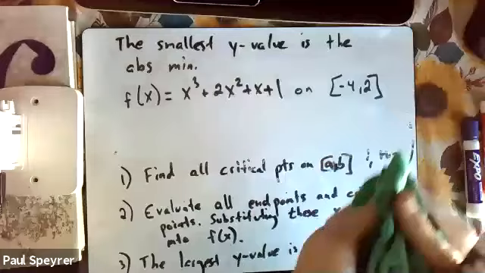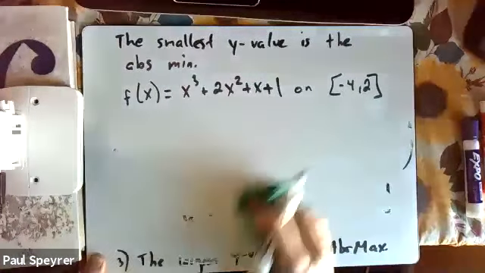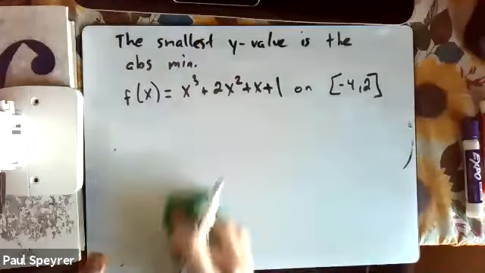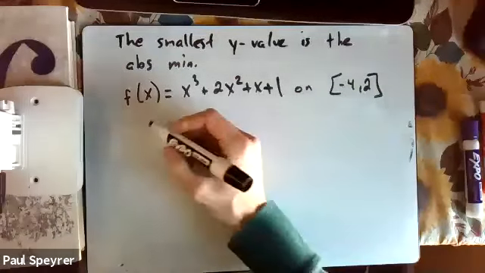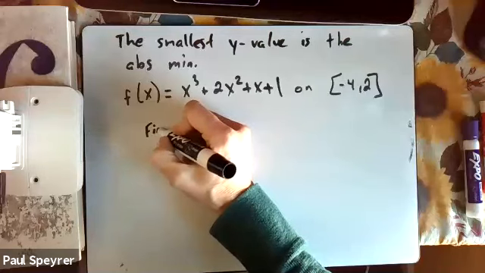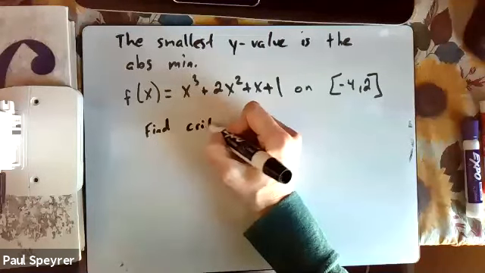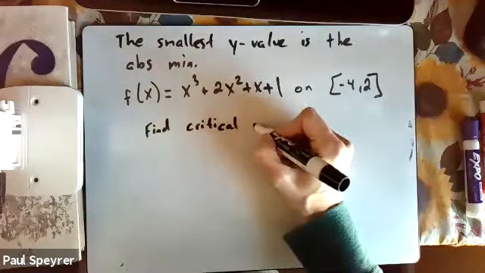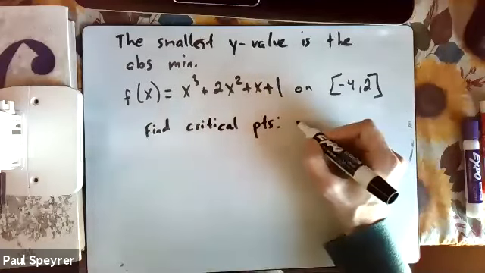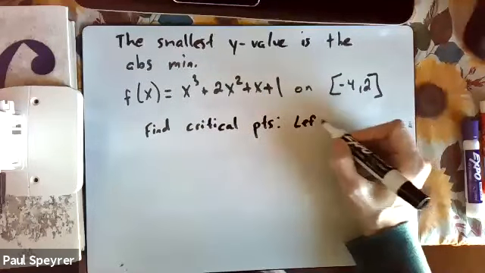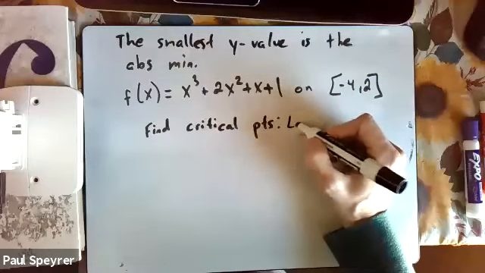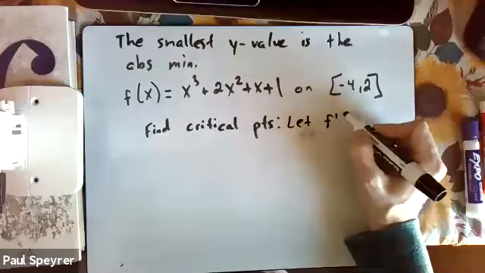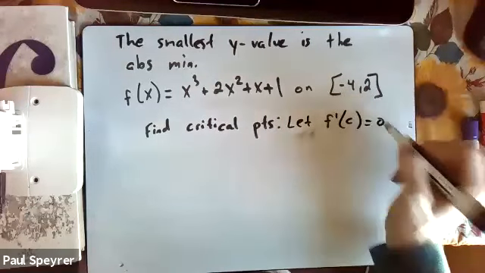So how do we do that? Well, what we need to do is find first the critical points. Remember, critical points. How do we do that? We let f prime of c equal 0.